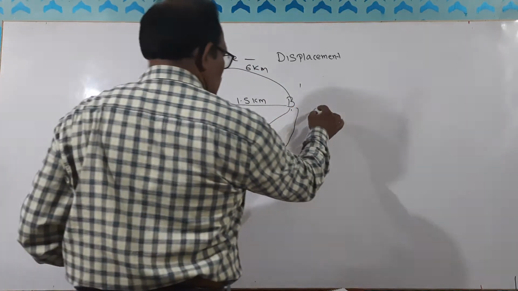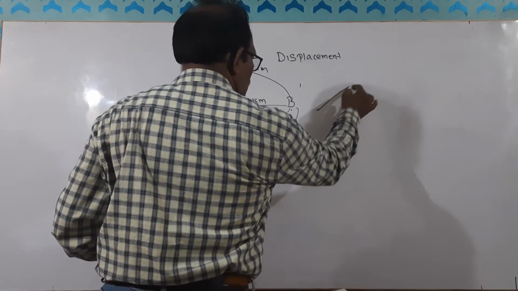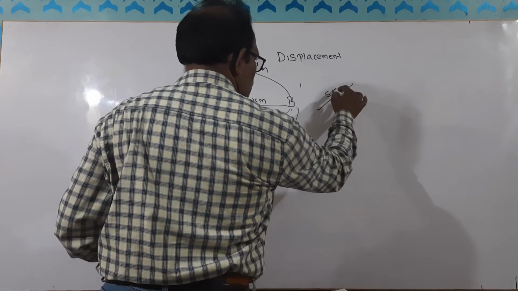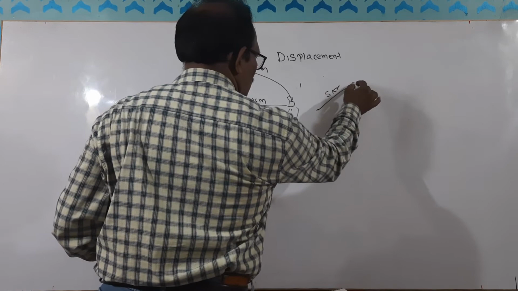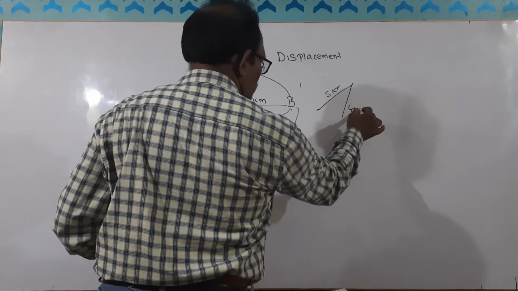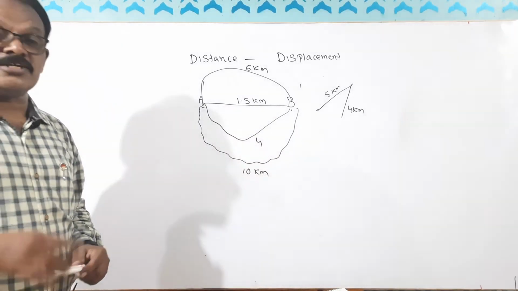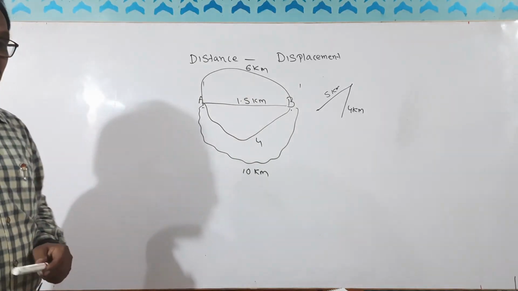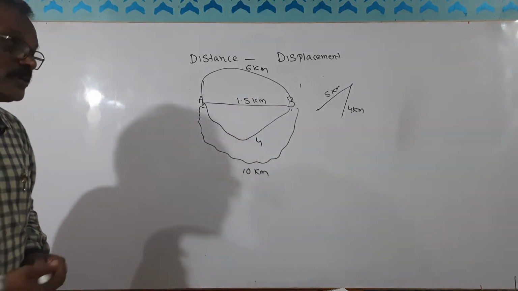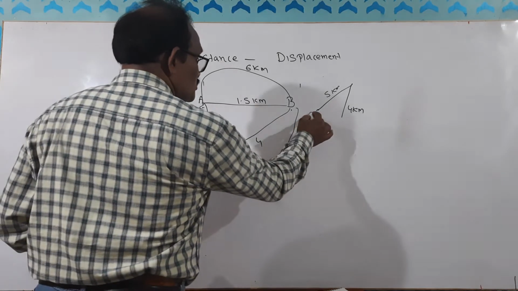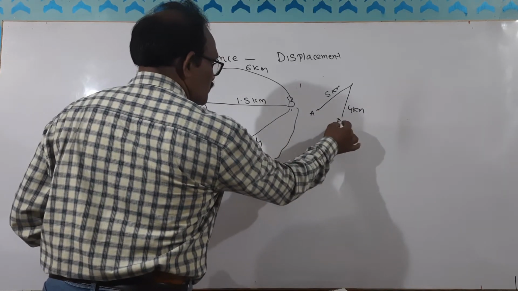Suppose from here you went 5 kilometers to this place, and again you came back 4 kilometers to this place. So how much distance have you covered? 5 plus 4, 9 kilometers of distance. But what is the actual displacement? Displacement means this is your initial point, this is your final point.